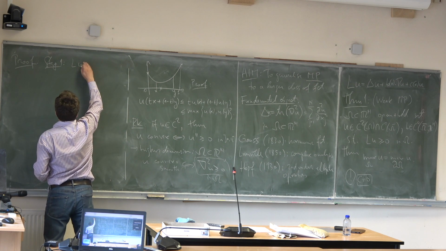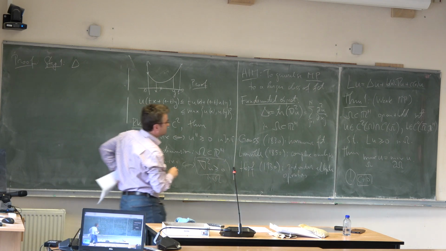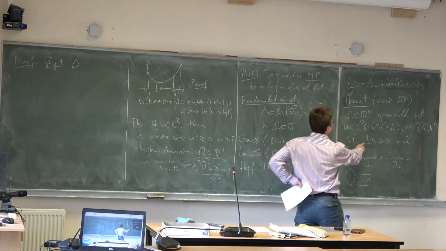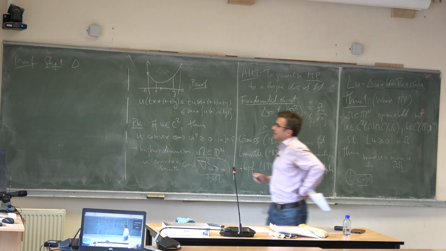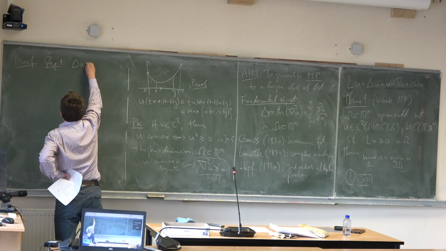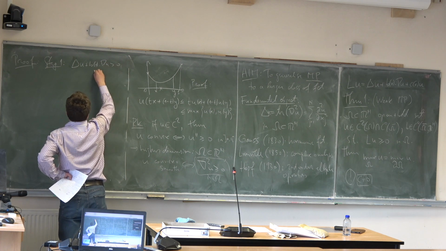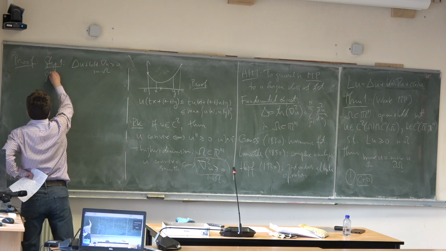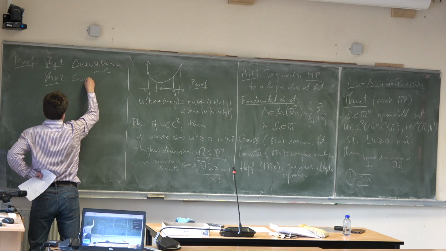So L of u, with C equal to 0 here, so Laplacian u plus b·grad u is strictly larger than 0 in omega, and then in step 2 we will treat the general case.